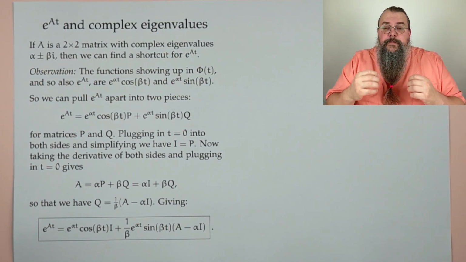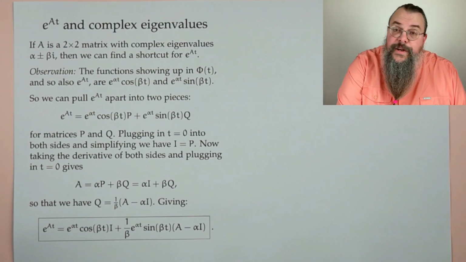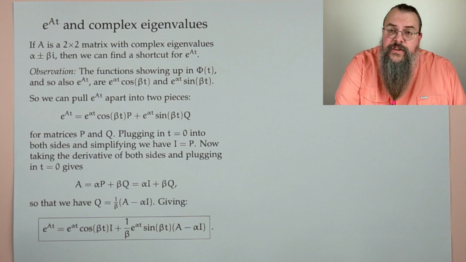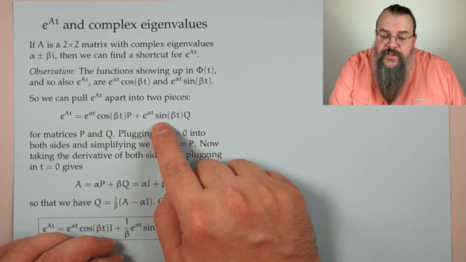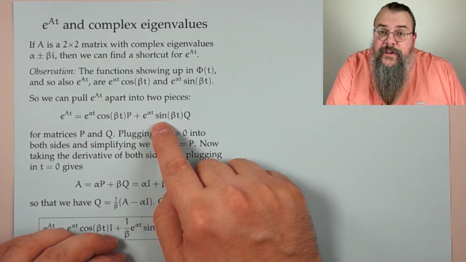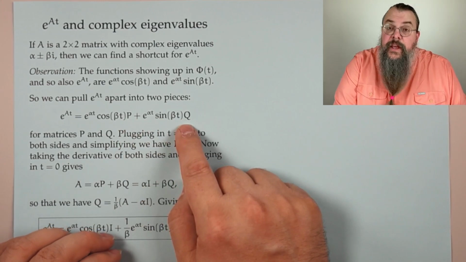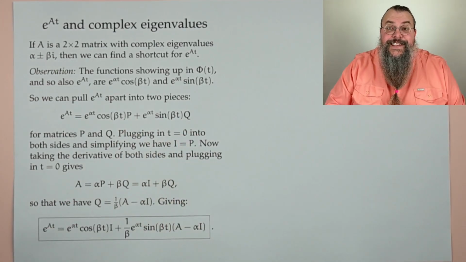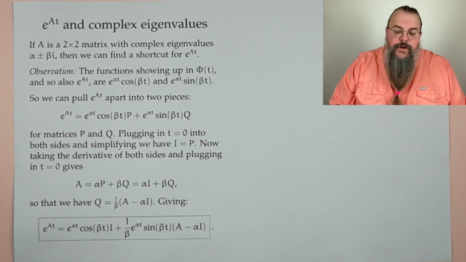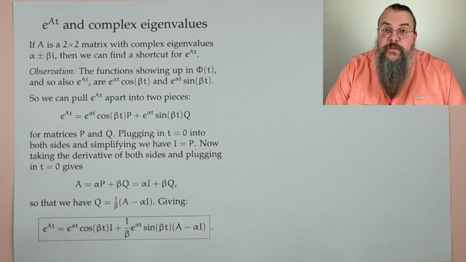Well, we're going to do the same thing, but instead of real and imaginary, we'll say we have the stuff attached to the e to the alpha t cosine beta t, and we have the stuff attached to e to the alpha t sine beta t. So there's two matrices, P and Q. Now, if we could figure out what those matrices are, success. All right, well, plug in. So plug in t equals 0.